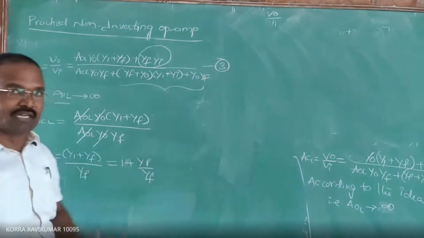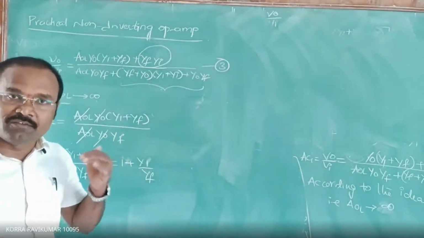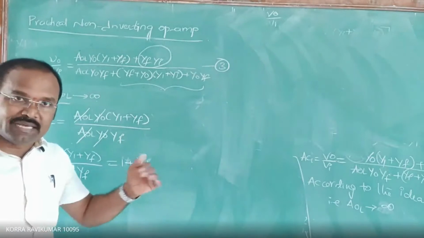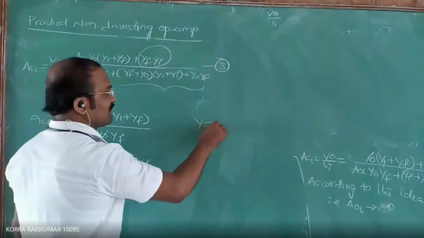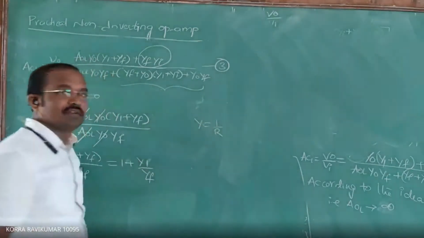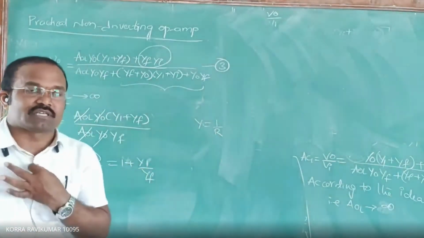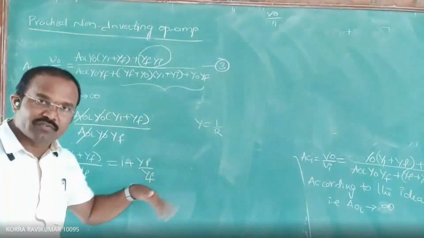Now let me remind you that at the starting of this topic, I considered the resistance value. That is, Y is equal to 1 by R. So the reciprocal of resistance is equal to admittance. That's what I considered. Now replace the value of admittance with the resistance.